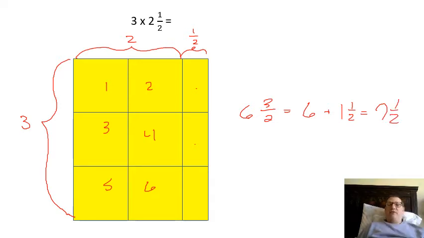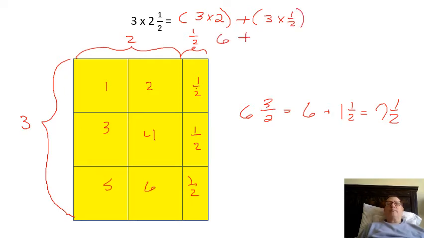And that was just by counting the tiles, because we counted them with 1/2, 1/2, and 1/2, which we know was 3 halves. Now let's use the distributive property and see how this works. If I were to take 3 times 2.5, I'd actually have to break that up to 3 times 2 plus 3 times 1/2. Now 3 times 2 would equal 6, plus 3 times 1/2 would be 3 halves, which equals, once again, 7 1/2.